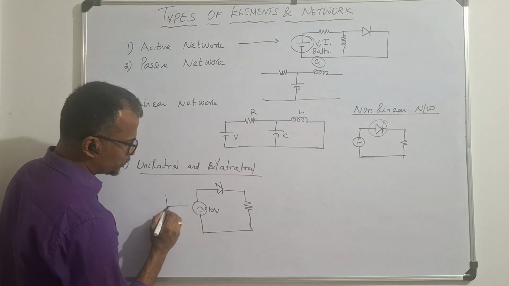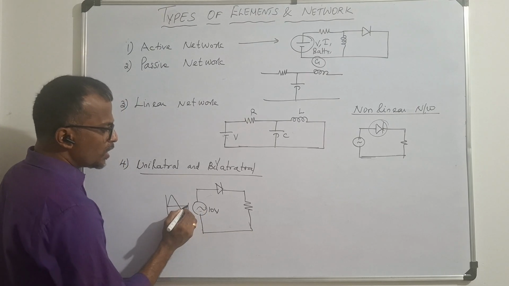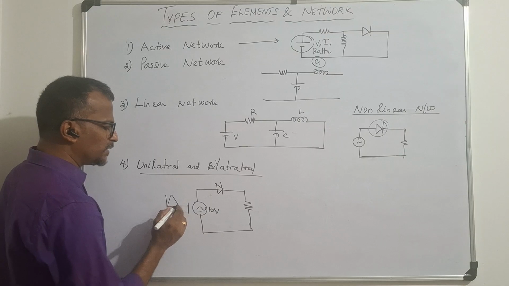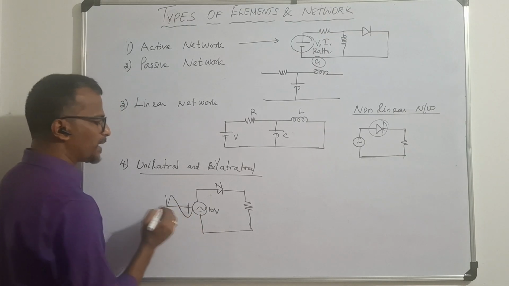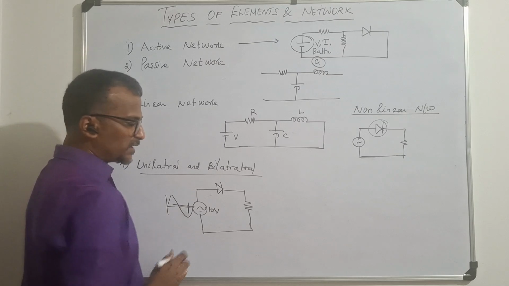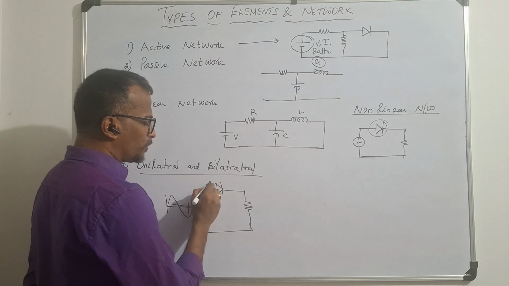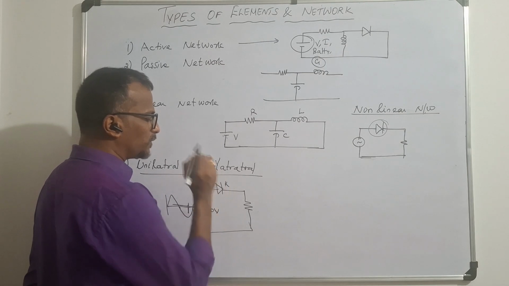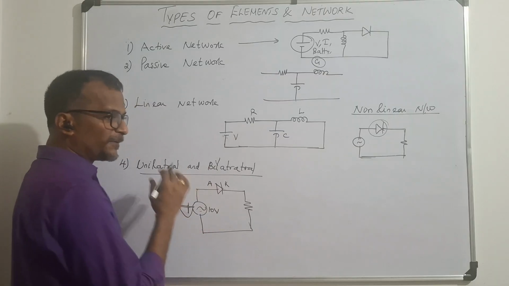We have already studied in school what a rectifier is. During the positive half cycle, the anode will be positive and the cathode on this side, so it will be forward biased.